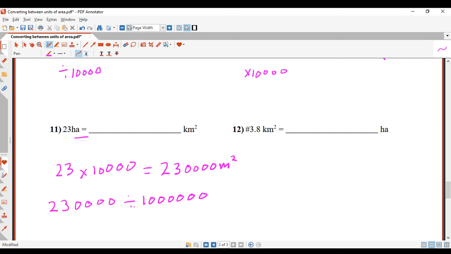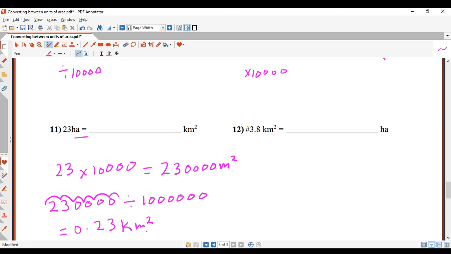That means we're going to move the decimal place 6 places to the left. So it goes there. So that means my answer is 0.23, and we can get rid of all these zeros here. 0.23 kilometres squared.